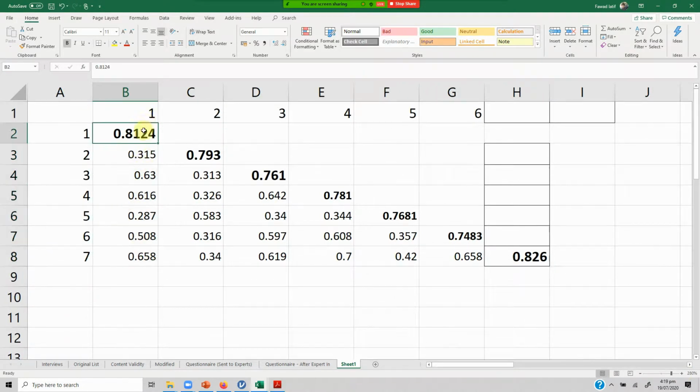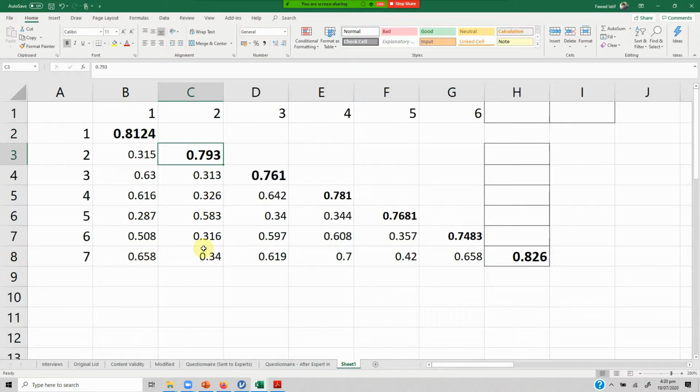So the square root of AVE for factor 1 should be higher than its correlation with all other factors. In this case, yes, it is higher than its correlation with all other factors.